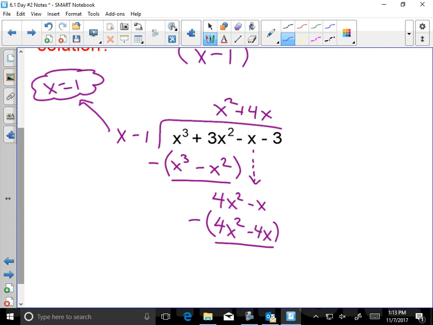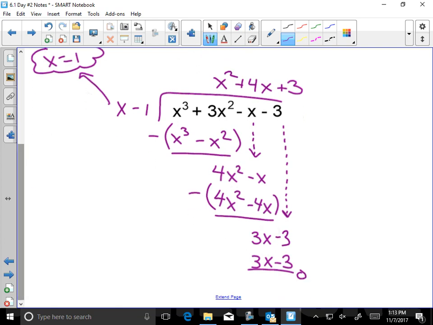Negative x minus a negative 4x is a positive 3x. I drop down a negative 3. Oh, this is going to work out nice. Okay, x times what gives me 3x? 3. 3 times x minus 1 is 3x minus 3. And look at that, I get a remainder of 0.